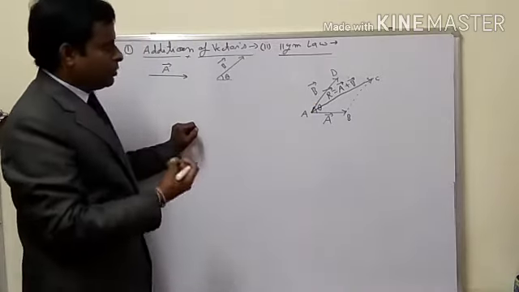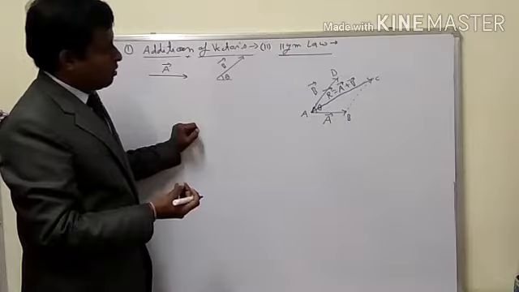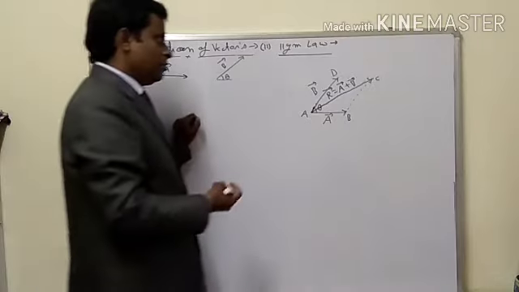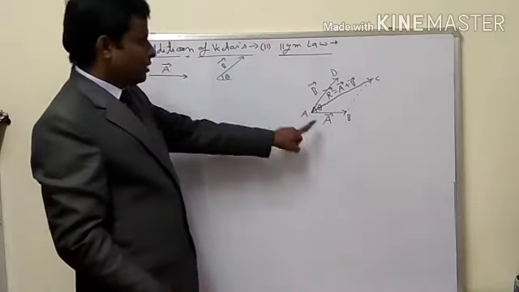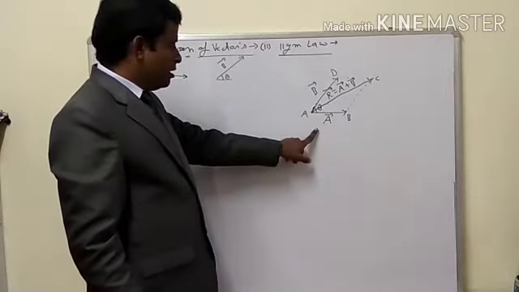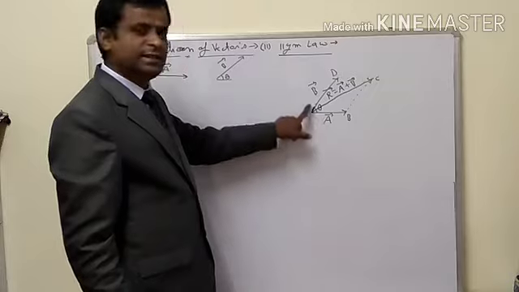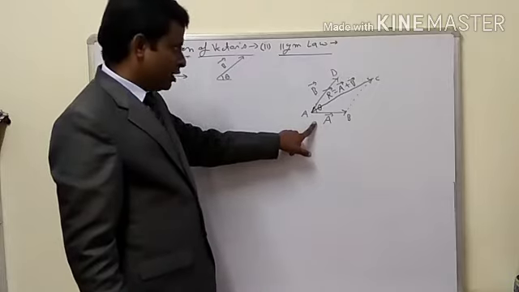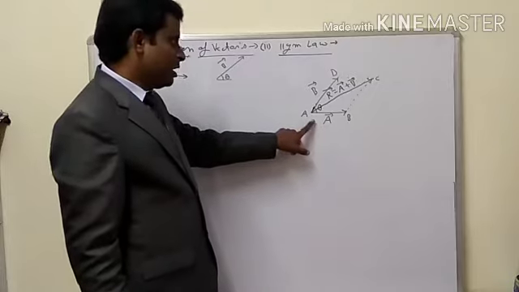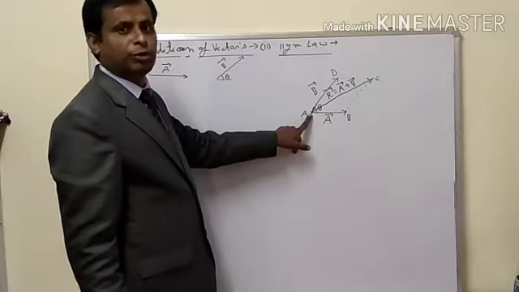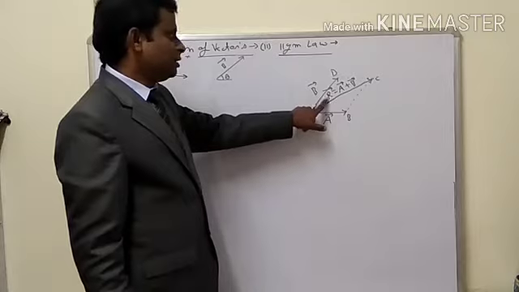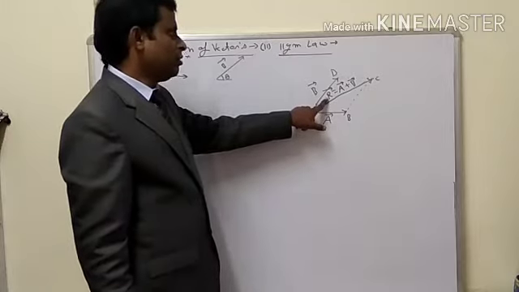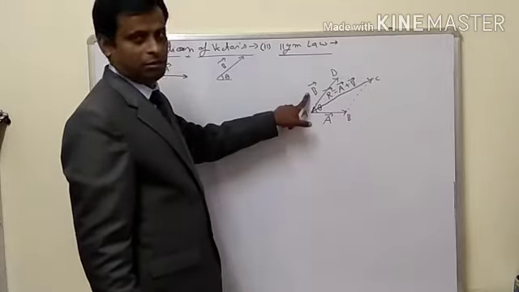Okay. Then how will you define this parallelogram law? For defining, we will say: if two vectors represent the two adjacent sides of a parallelogram, then the diagonal from this common point will represent the resultant or sum of the two vectors.